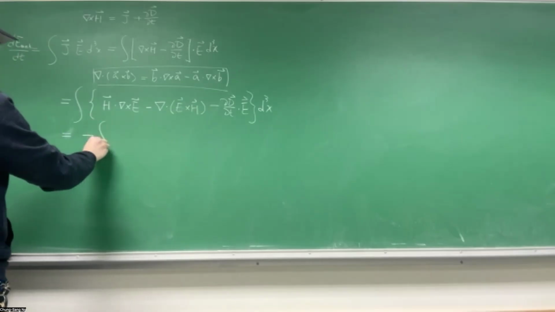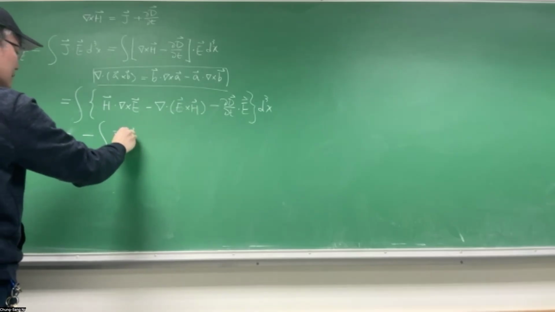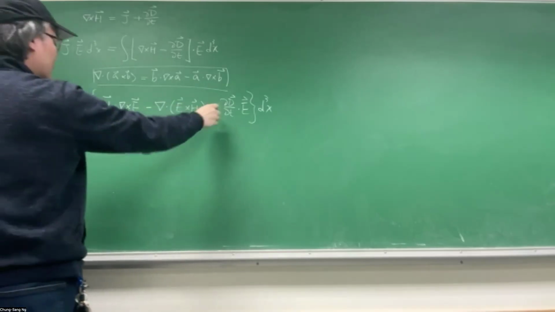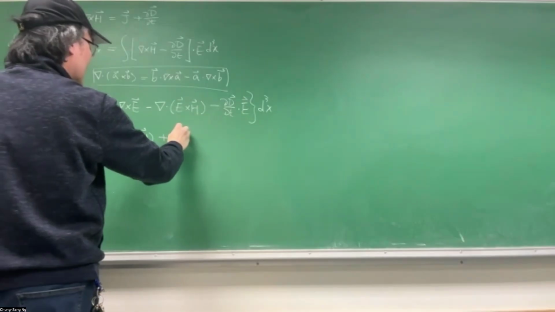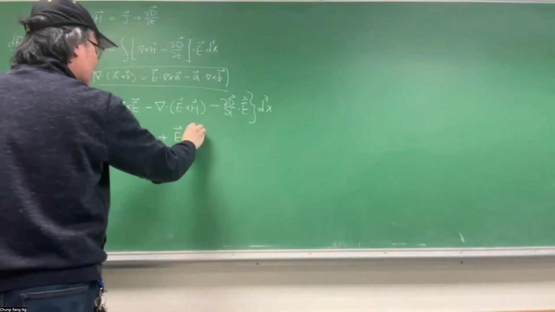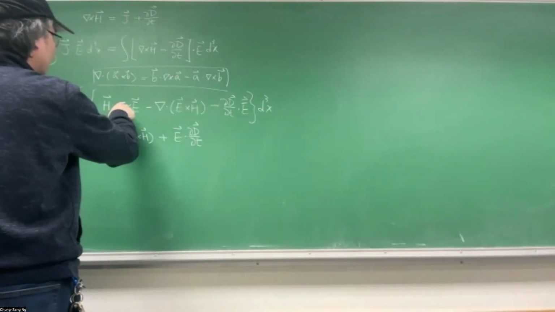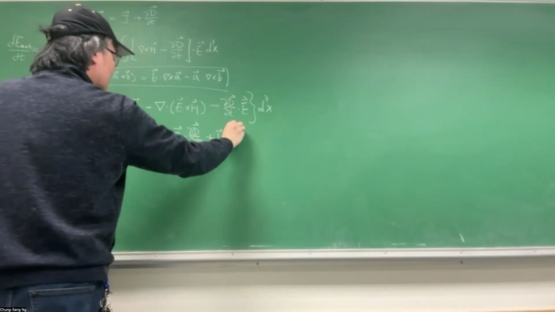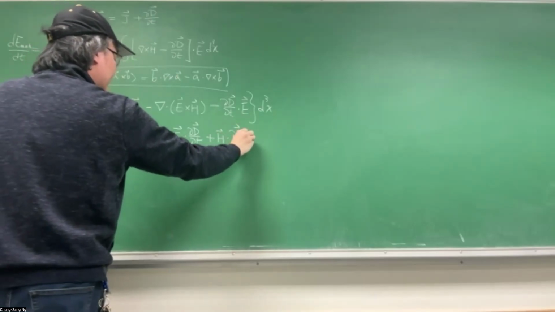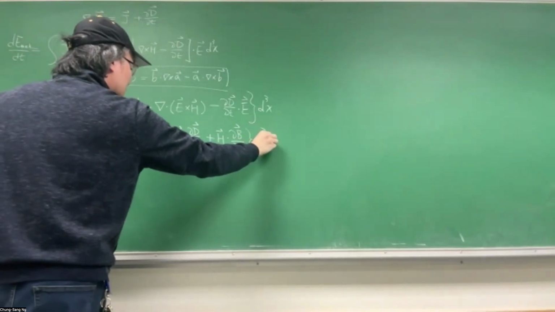Okay, we have divergence of E cross H, and then you take the minus sign out, so you have E dot partial D partial t, that doesn't matter which order, and this is H dot partial B partial t, after you use Faraday's law.